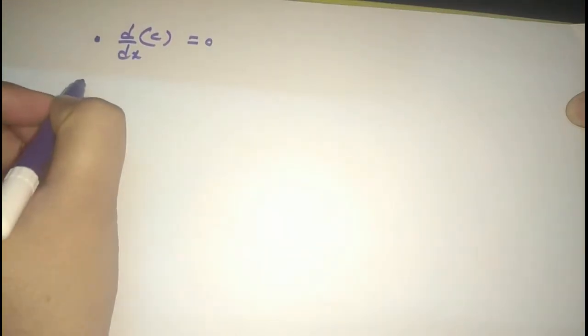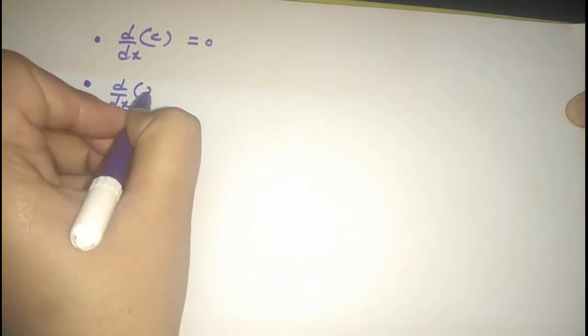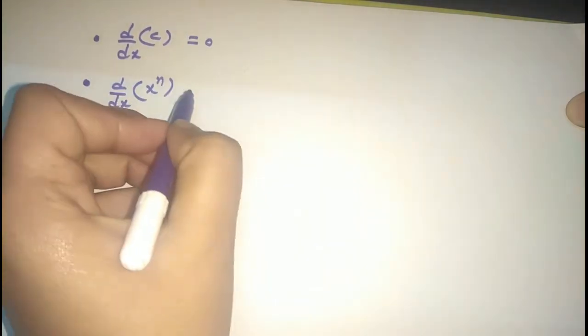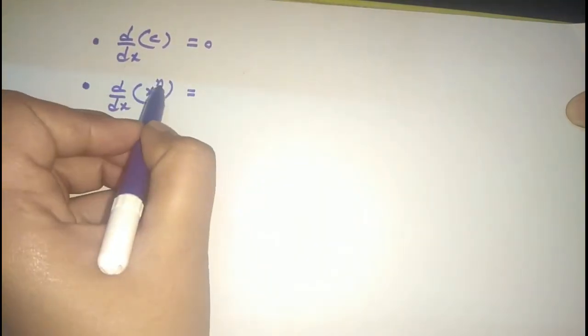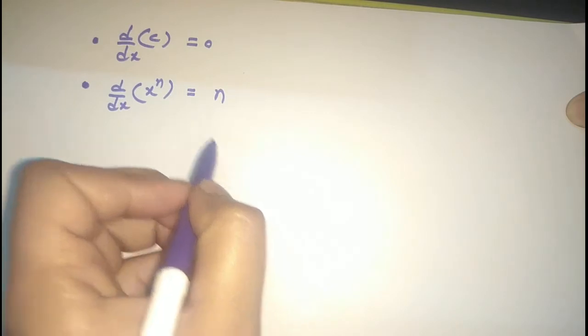Now second, if we have the derivative of x raised to power n, then how do we find it? First of all, bring the exponent in front, that is n. Now write the variable as it is and reduce the power by 1.